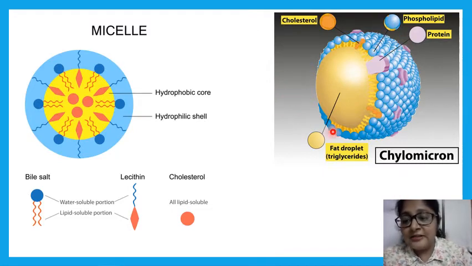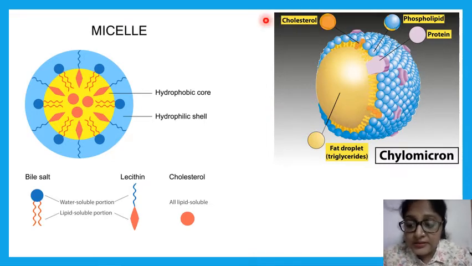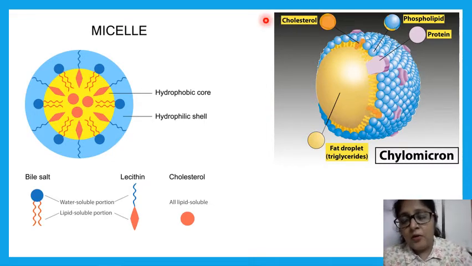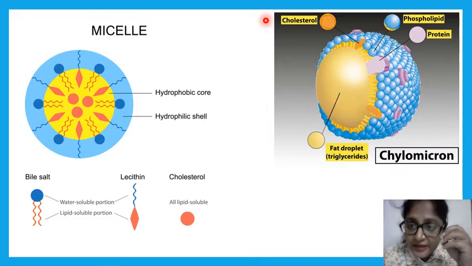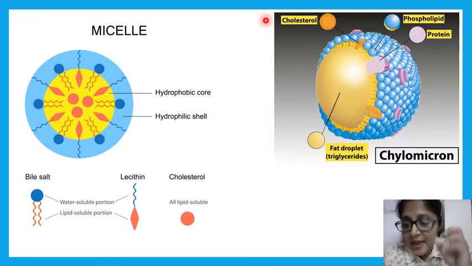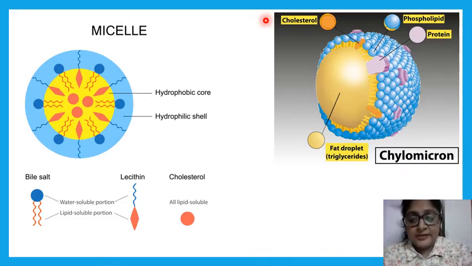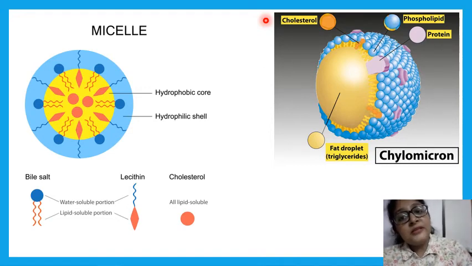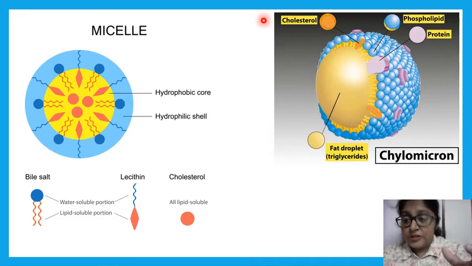So everything is there in the chylomicron compound. Where the chylomicron helps, we will come to know, but I'll tell you that chylomicrons are released from the epithelial cells and pass into the lacteals and the lymphatic capillaries in the intestinal villi. That is where a chylomicron is necessary. So we now know what these structures, micelle and chylomicron, are.